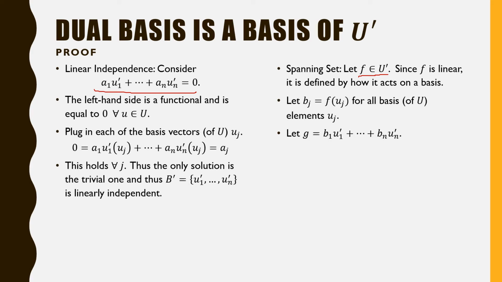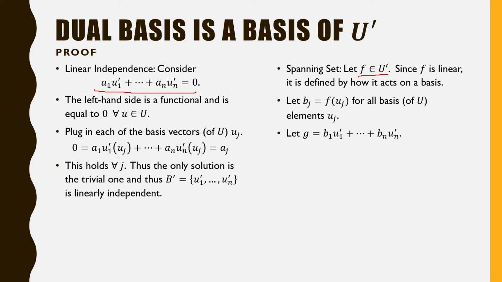What we plan to show here is that the linear functional G is in fact the linear functional f. To do this, all we have to do is show that G and f, because they're both functions, agree on every element in the vector space. But since they're both linear functions, we actually only have to show that they agree on a basis.